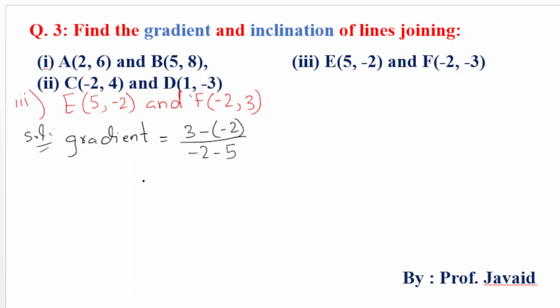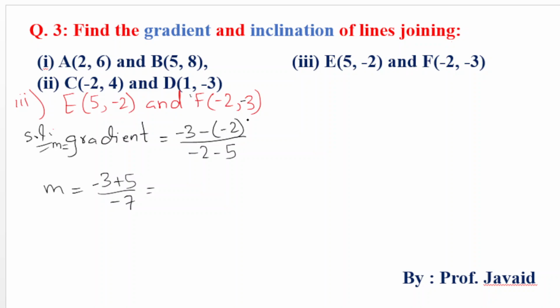Okay, so you can write m is equal to 3 plus 2 on top, and -2 plus 5 below.